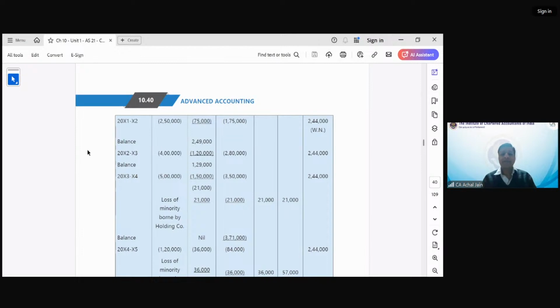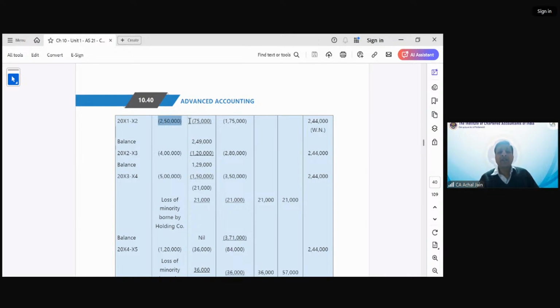During first year, there was a loss of 2,50,000. Correct? During first year, there was a loss of 2,50,000. And the proportionate share of this loss will go to minority. Yes or no? Yeah.